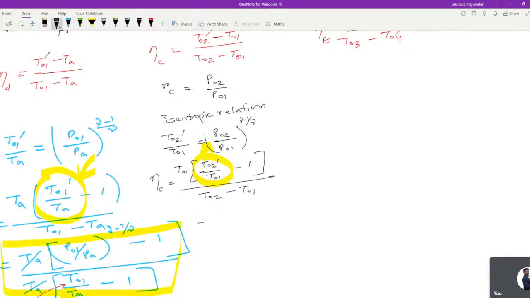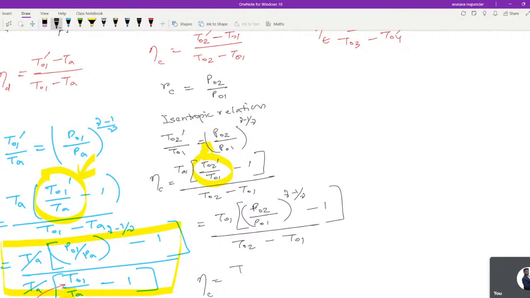And we will get T naught 1 times P naught 2 by P naught 1 to the gamma minus 1 by gamma, minus 1, by T naught 2 minus T naught 1. And as I've said here, RC is the compression ratio. We can also write that T naught 1 equals RC to the power gamma minus 1 by gamma, minus 1.